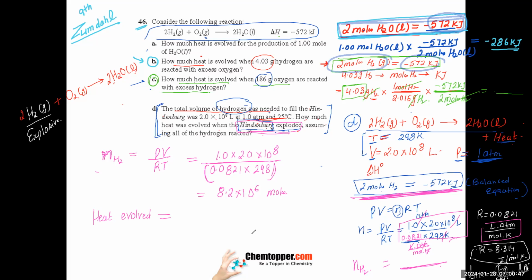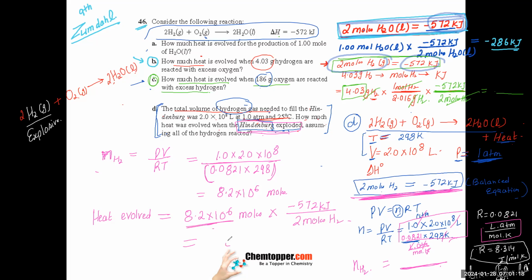Heat evolved is 8.2 times 10 raised to power 6 moles, then plug in this ratio: minus 572 kilojoules over 2 moles of H2. Your answer should be in two significant figures. And that is the final answer.